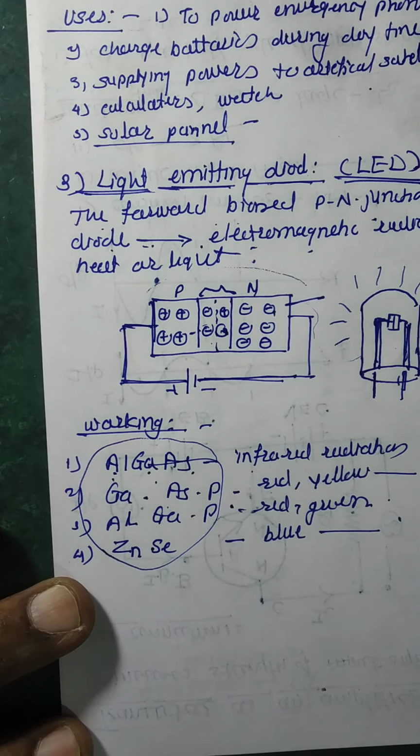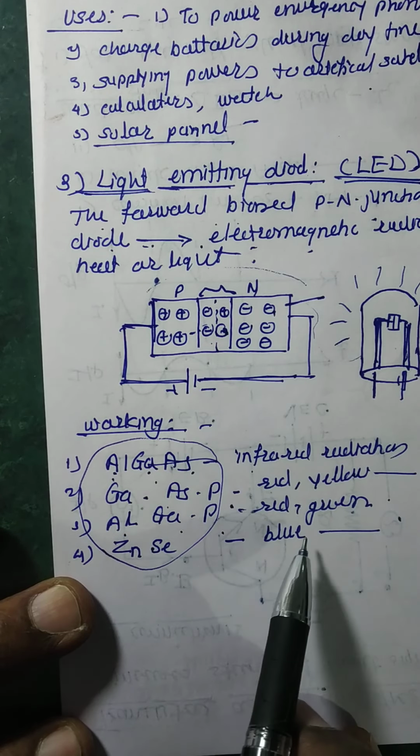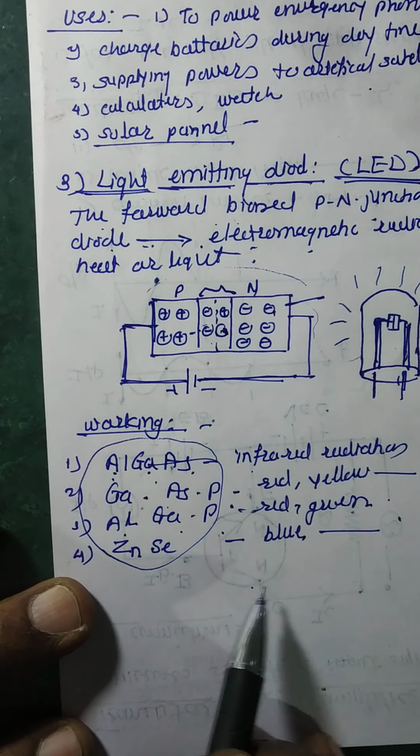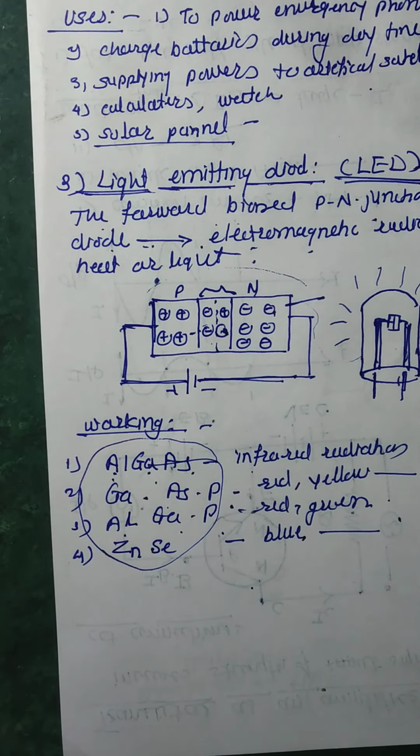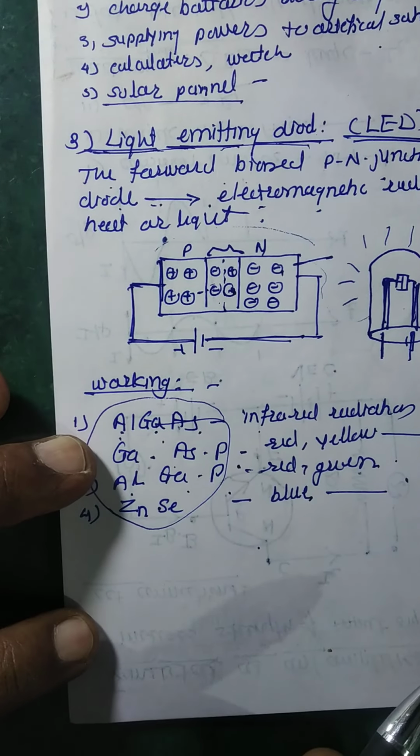When an LED is manufactured using aluminium gallium phosphide, then it emits red and green light. When it is manufactured using zinc selenide, then it emits blue radiations. This is about the light emitting diode.